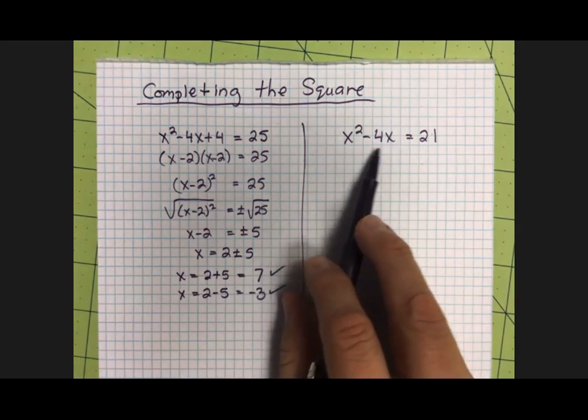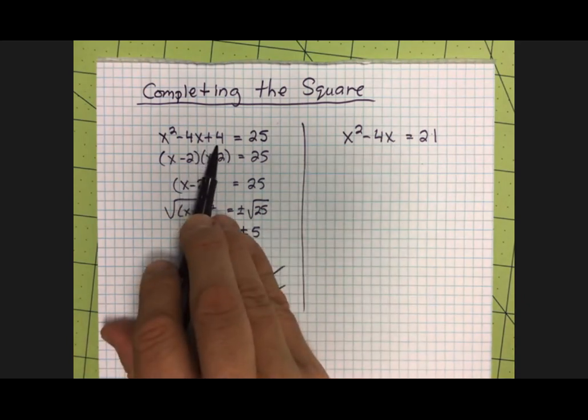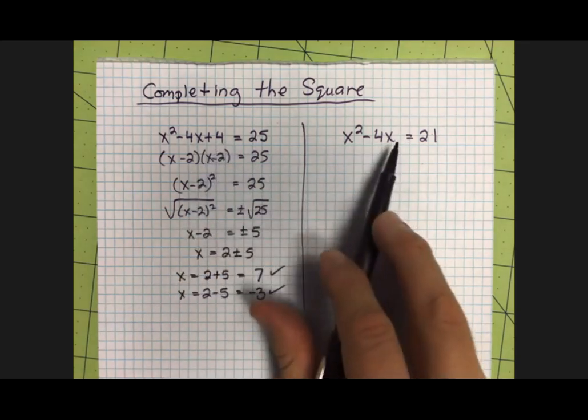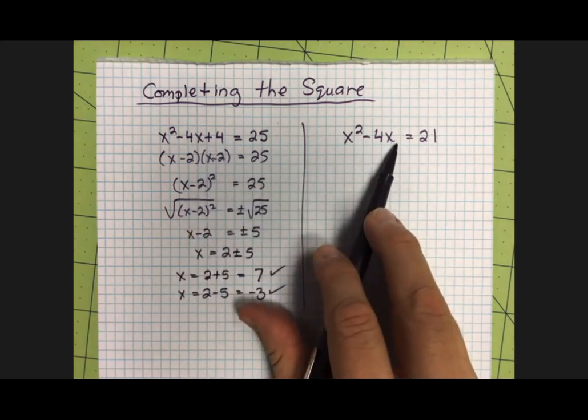Is the left side a perfect square here? No, the answer is no, because actually I'm lacking that 4. I could add 4 to both sides and then it would look just like that problem. But what if I didn't know that I was supposed to add 4?